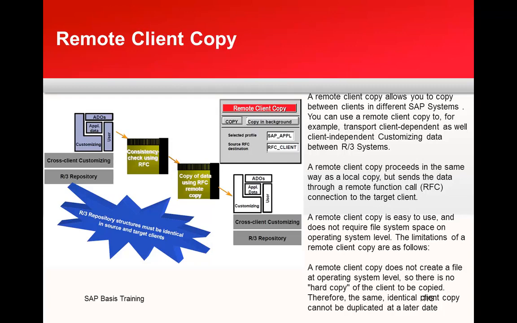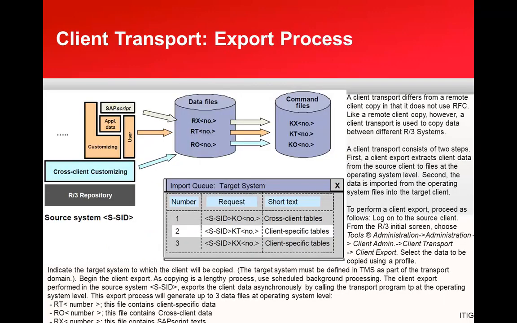Remote client copy is easy to set up and doesn't require file system space at the OS level. The limitation is that a remote client copy doesn't create a file at the OS level, so there is no hard copy of the client to be copied. Later we'll see the T codes for how to execute all these things.